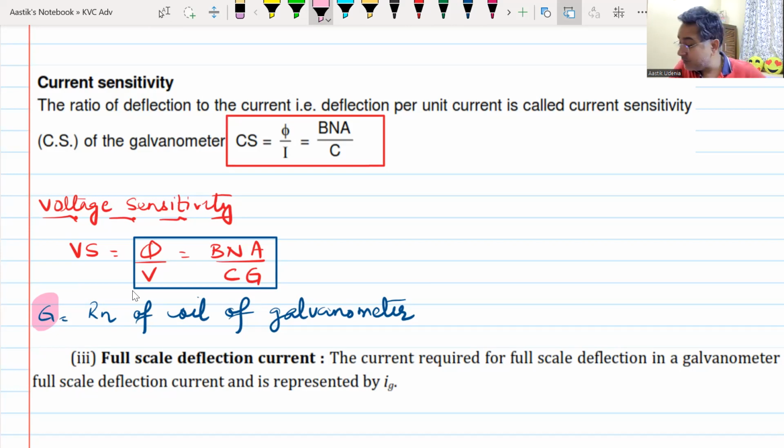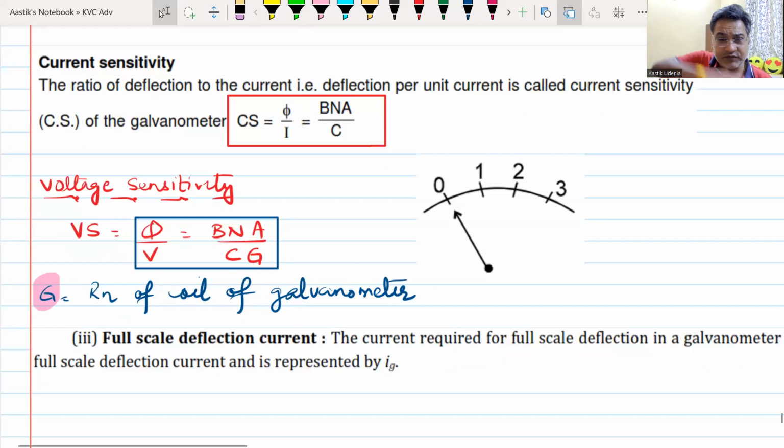The galvanometer will deflect completely from 0 to the maximum value. This is known as the full scale deflection current, the current which can cause the full scale deflection of the galvanometer. I'll give you 2 minutes to note this down.